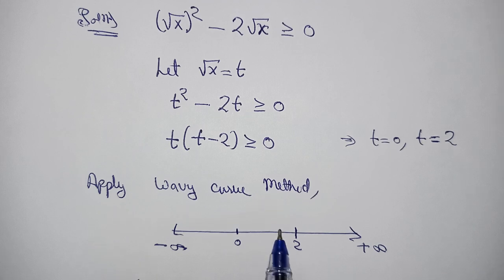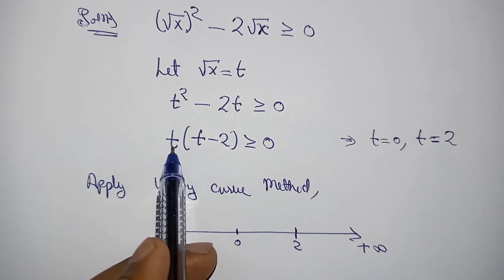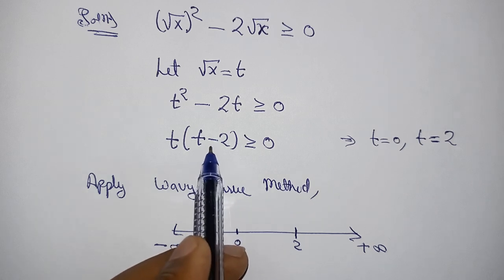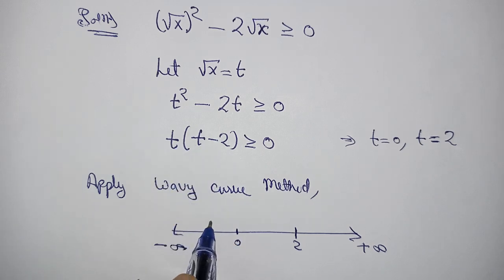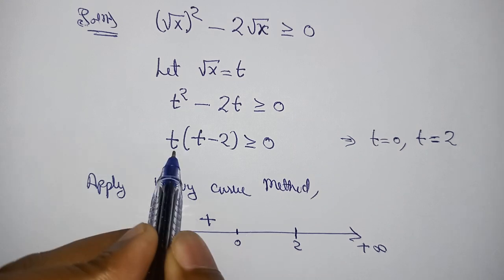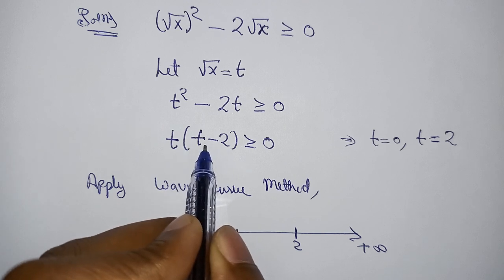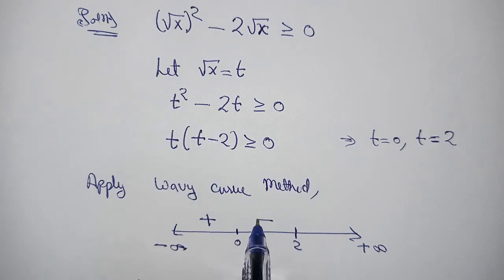When you put values less than 0, suppose t has a value less than 0, this value is negative, and t minus 2 is also negative, so negative times negative will be positive. When t is greater than 0 and less than 2, this value is positive but this value is negative, so positive times negative is negative.